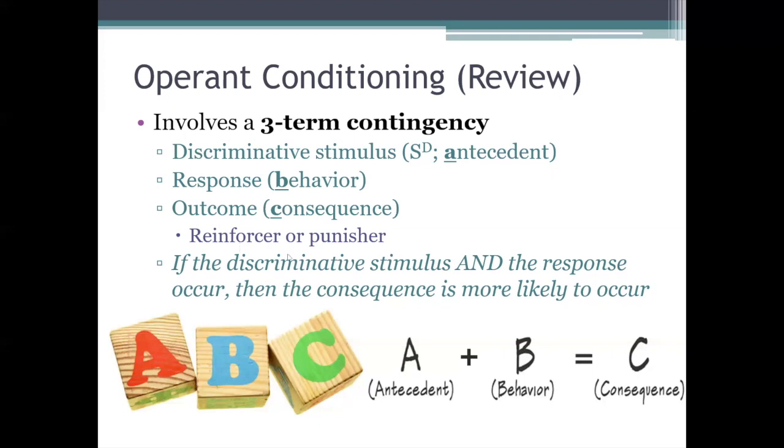So that's the reinforcer or the punisher that's either going to strengthen or weaken the behavior in question. So guys, remember, with this ABC contingency in operant conditioning, it's basically A plus B equals C. So if the discriminative stimulus is present, and if the behavior also occurs while that discriminative stimulus is present, then the consequence occurs as a result.